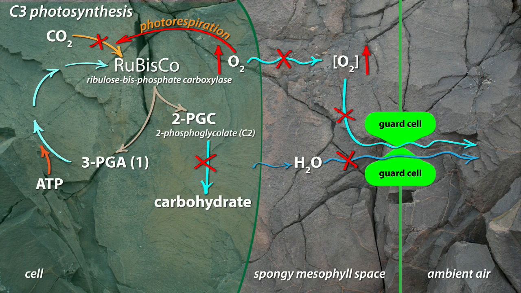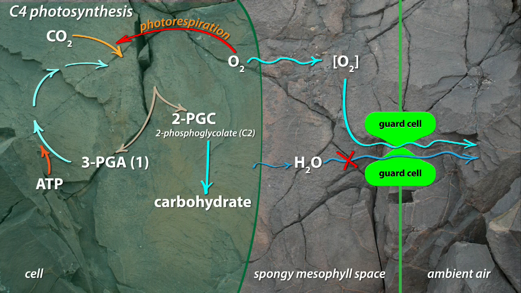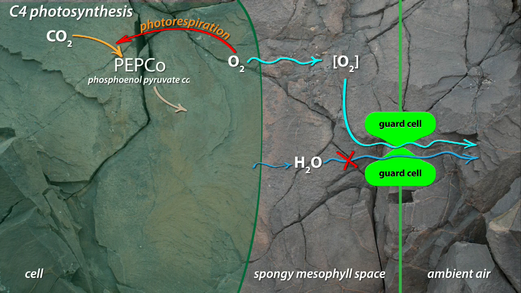This is why C3 plants generally do not do well under arid conditions. Their principal means of water conservation, closing the stomata, also blocks carbon fixation through photorespiration. C4 photosynthesis is one way plants avoid this dilemma. C4 photosynthesis uses a different enzyme to capture carbon, this one called PEPCO, or phosphoenol pyruvate carboxylase, as opposed to Rubisco.